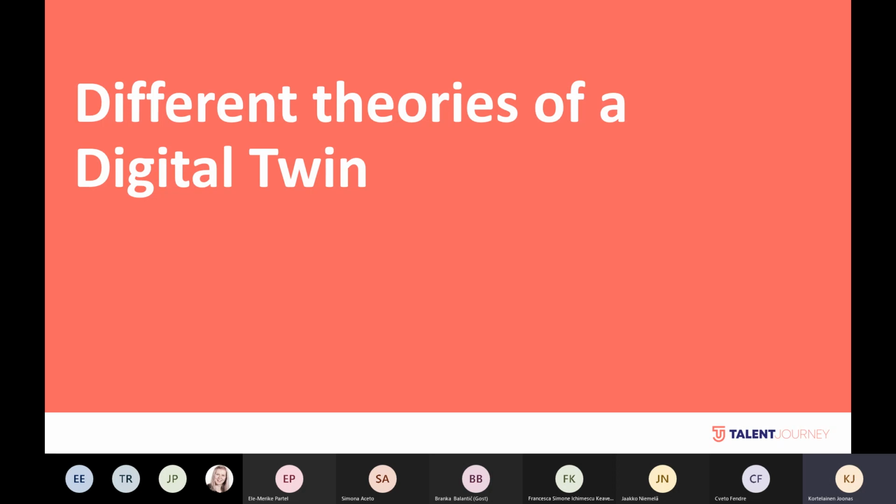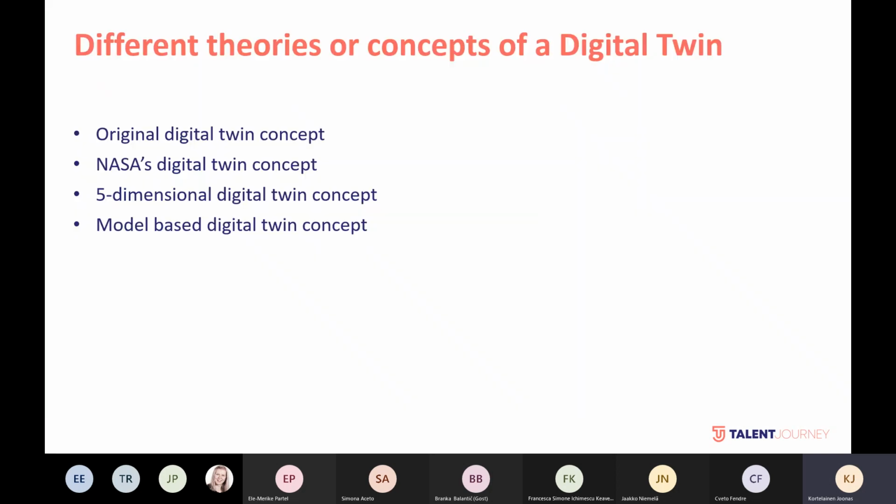There are quite many of them. Here are just a few, like four concepts or theories, so to say. So it's not just one concept or one theory of a digital twin. There are quite a few, in fact, and this is just a few.